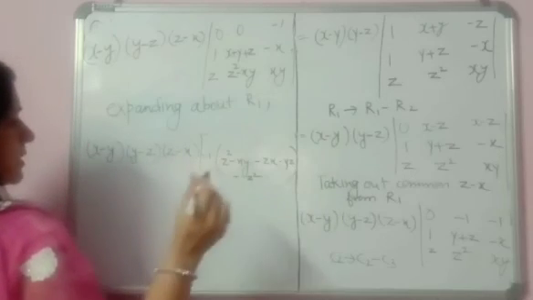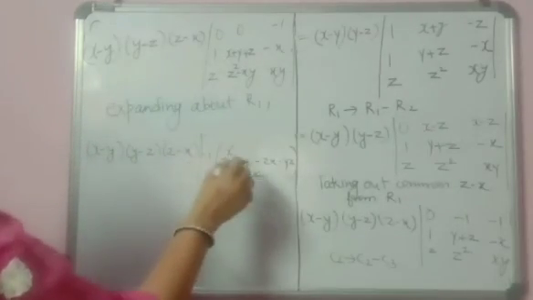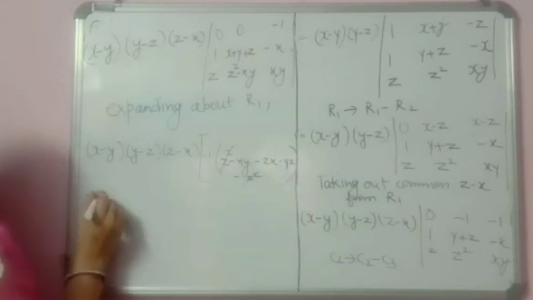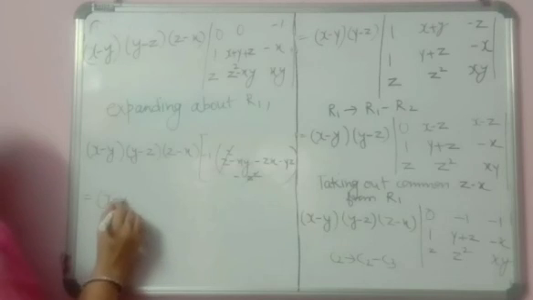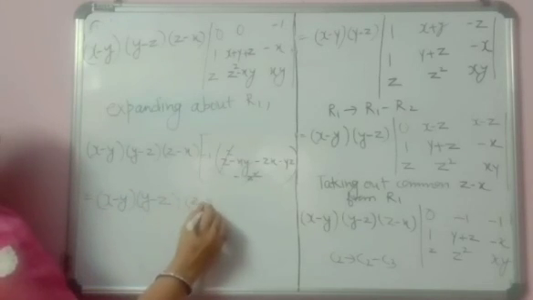Okay, so z square and minus z square cancel and you are left with xy plus yz plus zx, because minus 1 is common here, and that is the RHS.